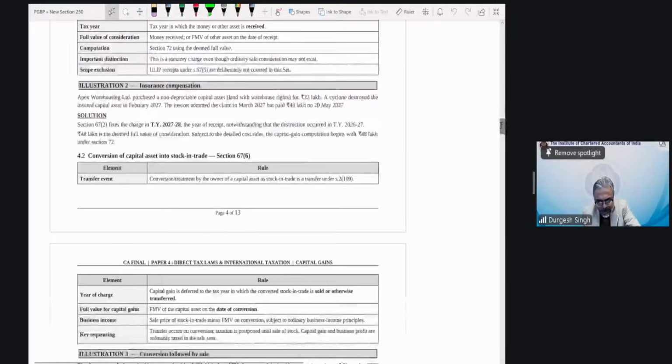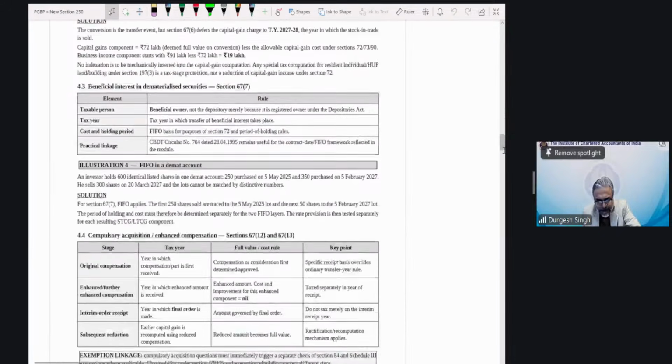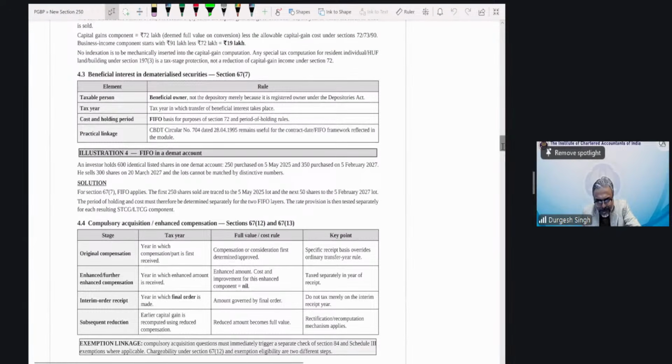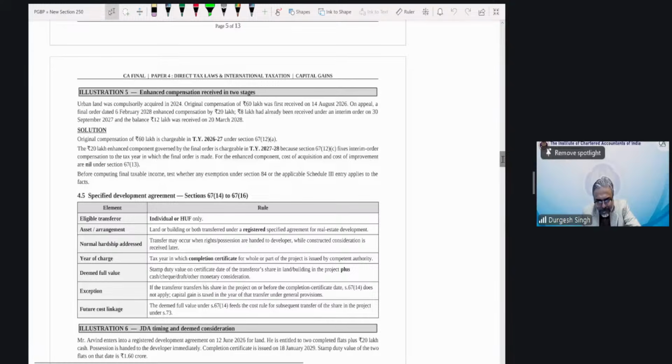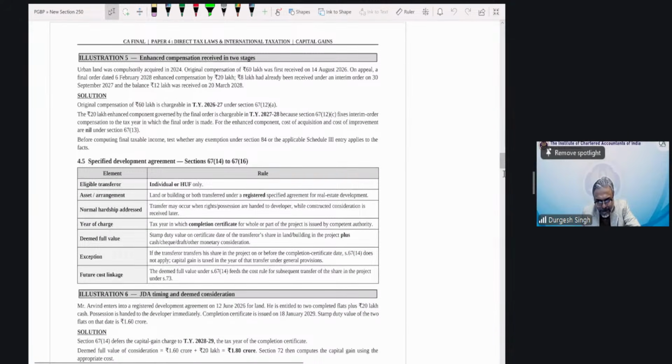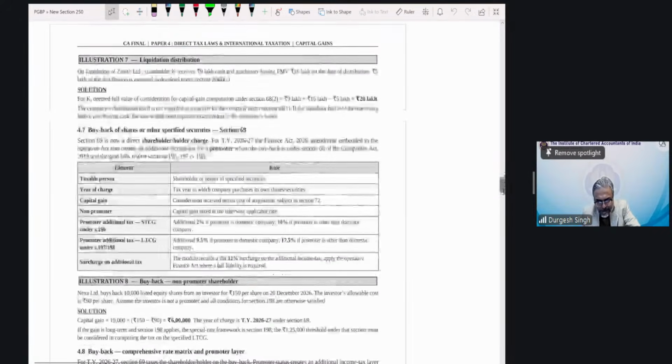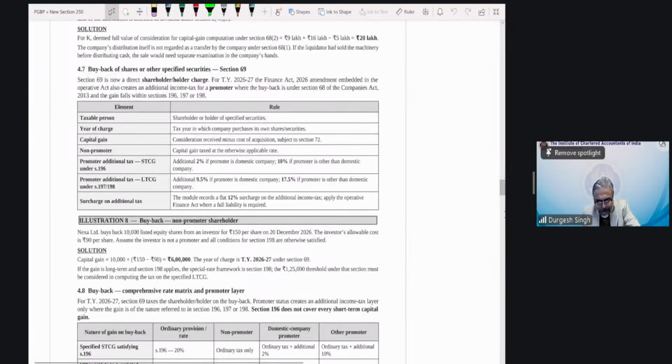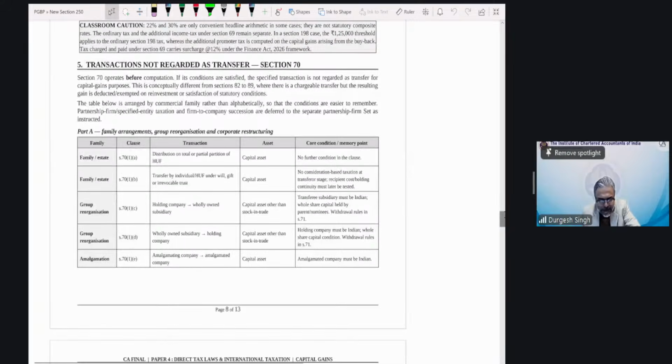Just have a look over here. Transactions which are not regarded as a transfer.